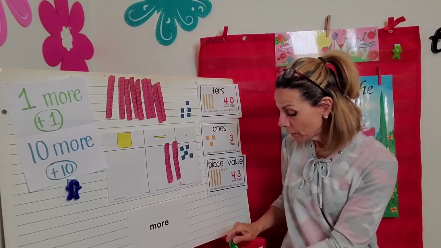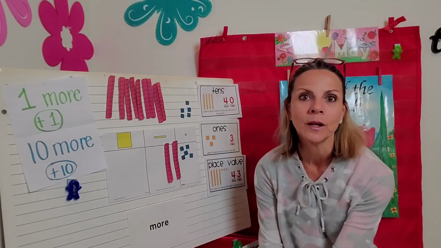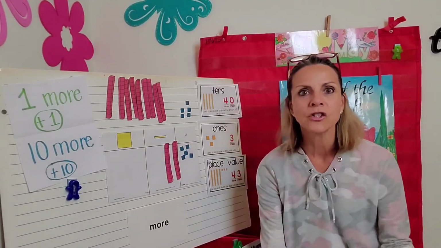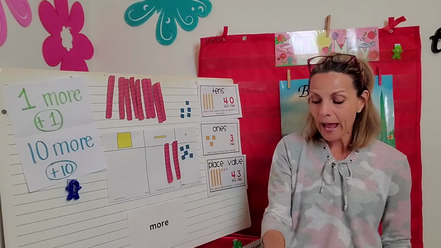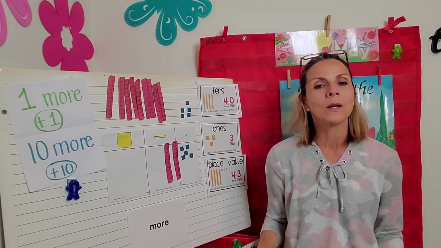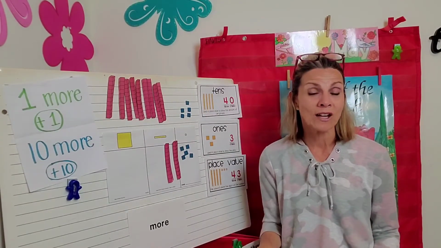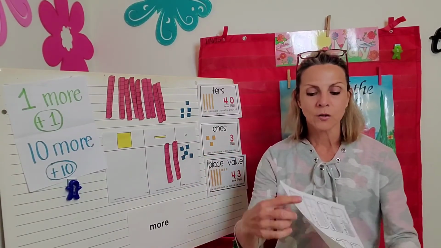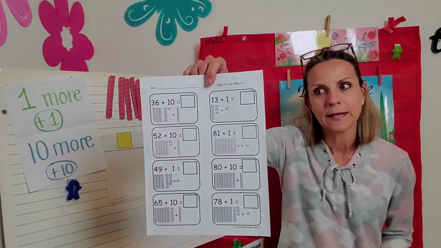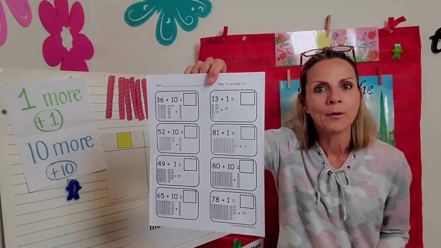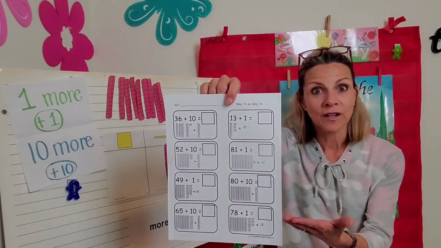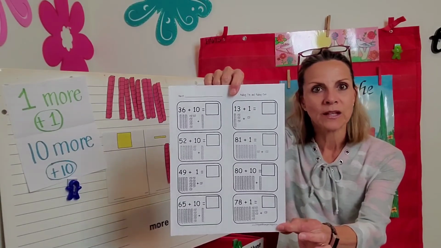So here's what I want you to work on your own. I want you to work on 2 sheets today. One is going to review this strategy, and then one is going to be reviewing the 100 chart strategy for 1 more and 10 more. So let's take a look at our first sheet, and I will be sending these to your parents and family members with your learning video, so they can just download this.